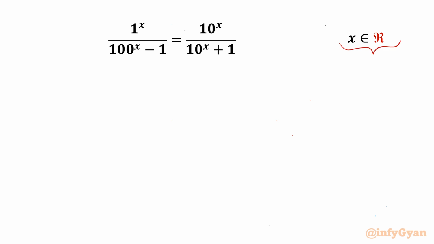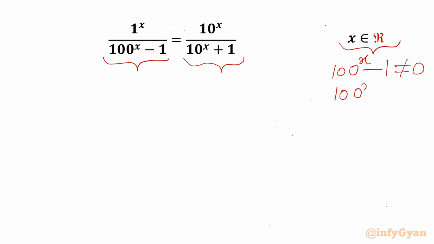So let's get started by writing our denominators cannot be equal to 0. So I can write here 100 power x minus 1 can't be 0. So 100 power x cannot be equal to 1. So we will get the conclusion x can't be equal to 0.